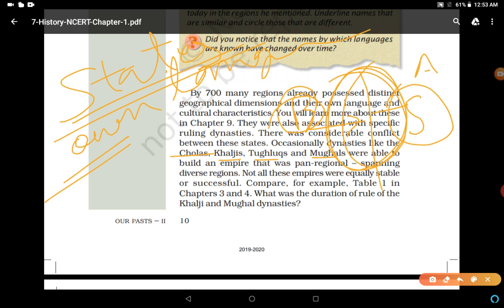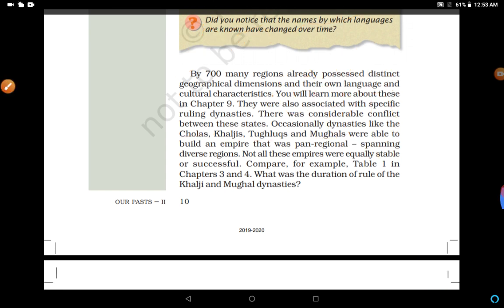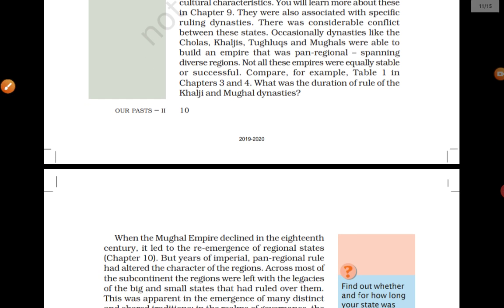Not all these empires were equally stable or successful, and we'll compare in table 1 from chapters 3 and 4. What was the duration of rule of the Khalji and Mughal dynasties? All the things we'll study. And Khalji were part of the slave dynasty, and Mughals came to India in the 16th century.